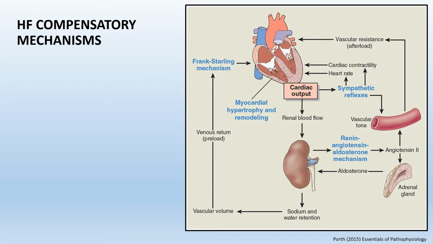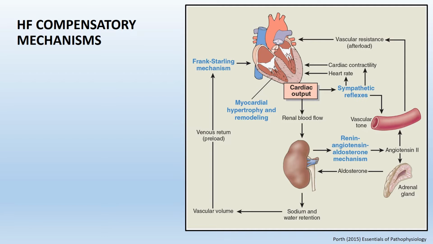Increased heart rate and contractility increases myocardial oxygen consumption, and retention of renal sodium and water, as you know, increases fluid and increases the amount of blood volume that needs to circulate, and that is not good for a failing heart.